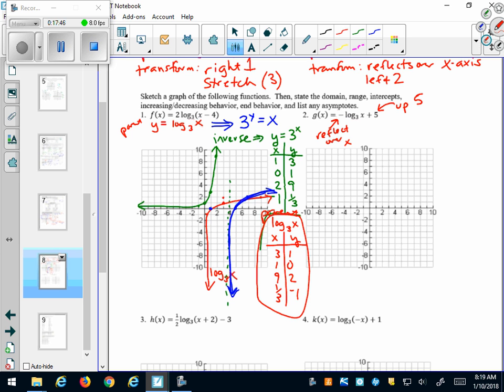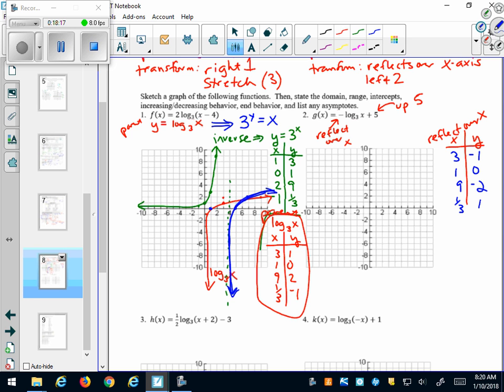Reflecting over the x-axis, what's going to happen? Do the x values change? No. What happens to the y values? They become negative, right? So reflecting over x, should probably make this a different color, gets me 3, -1. 1, 0. 9, -2. 1/3, 1.